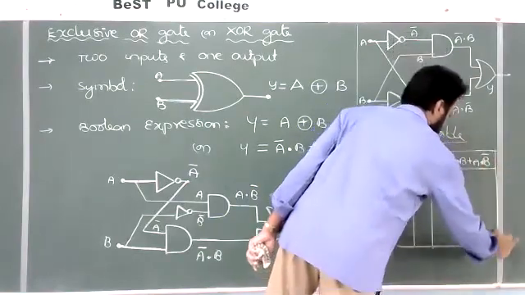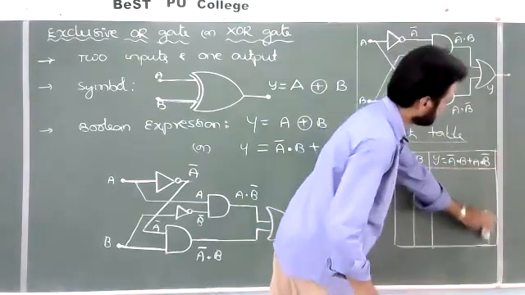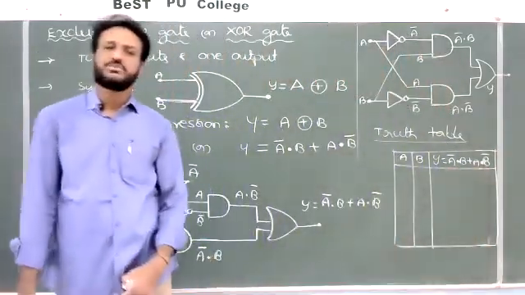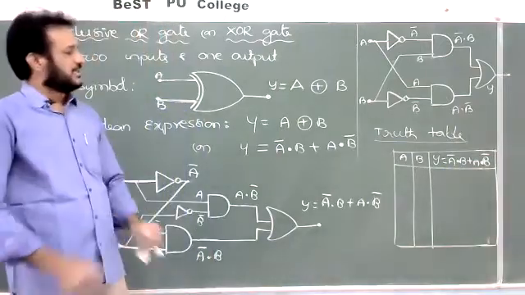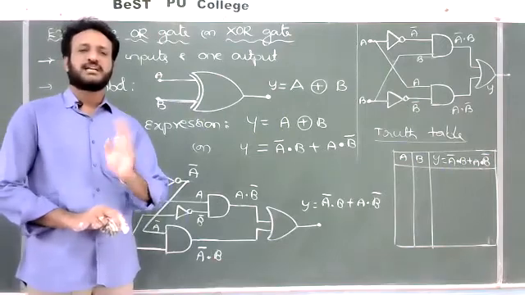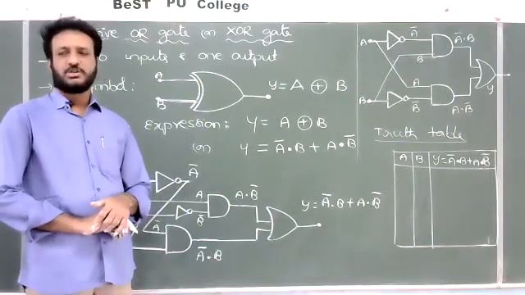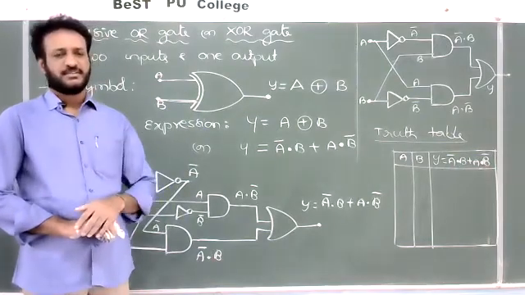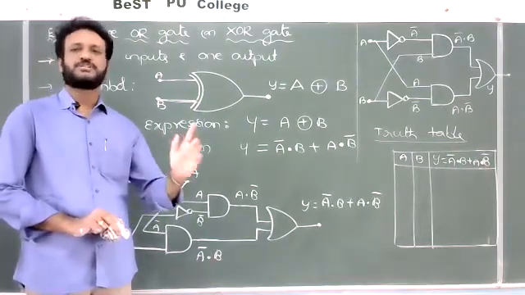Generally, in the case of the exclusive OR gate, the output is high when both the inputs are different. Whenever both the inputs are the same, the output is low.